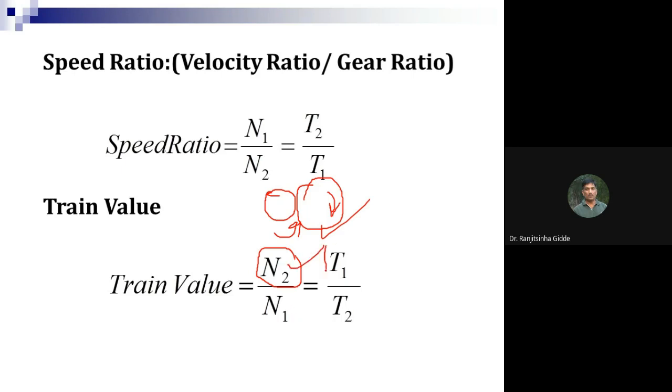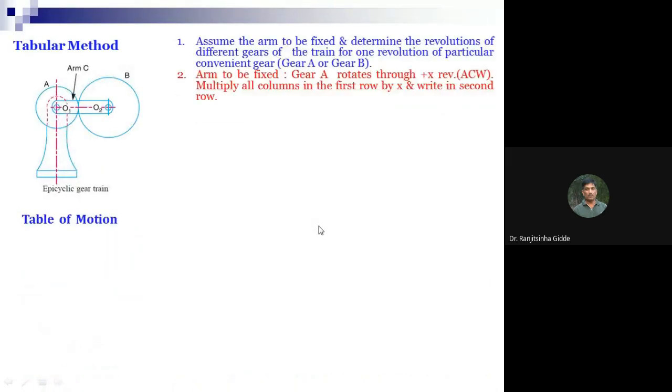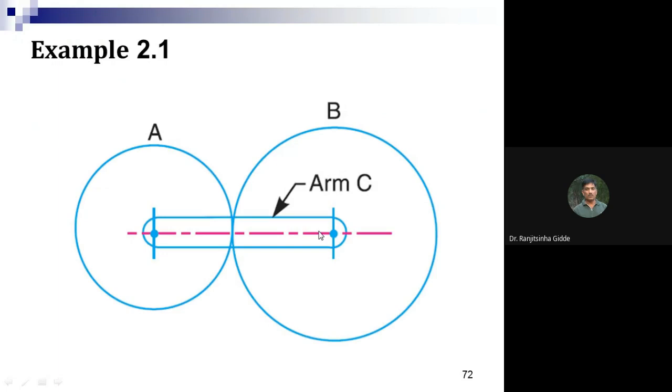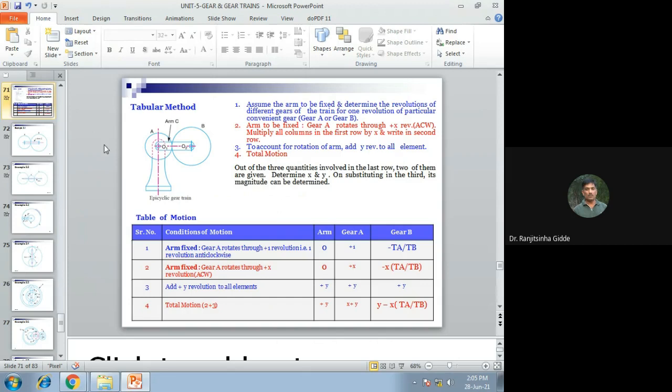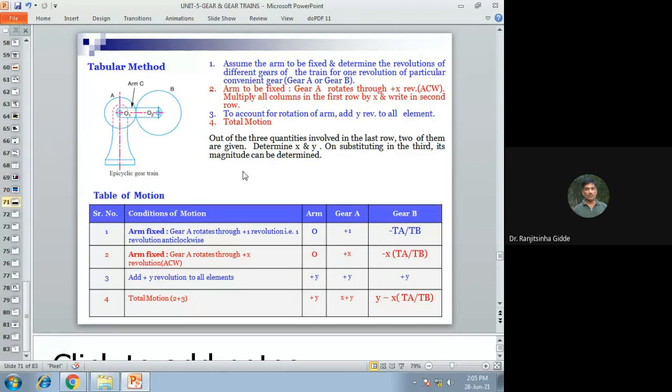Once we know the value of N1 and the number of teeth on gear number 1 and gear number 2, we can get the train value, and that we are going to put in the table. I will show what we are going to do. Like this tabular form, we are going to solve the numericals.